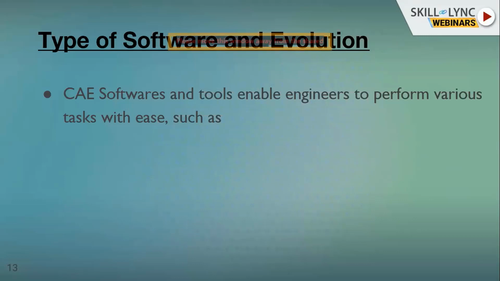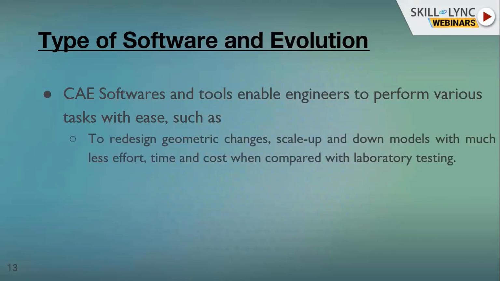First, any geometry can be redesigned for changes. That is, you can scale up and scale down the models. Scale up means you are increasing the proportionate size to 1:5 or 1:10 or 1:15, depending upon your requirement. Or you can also scale it down.